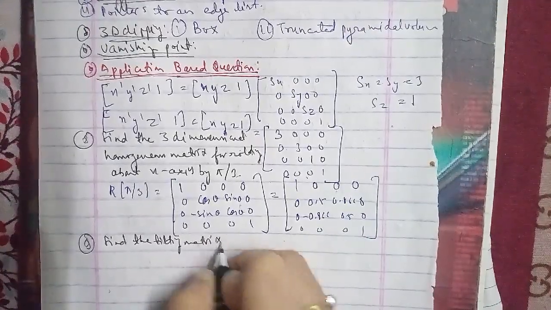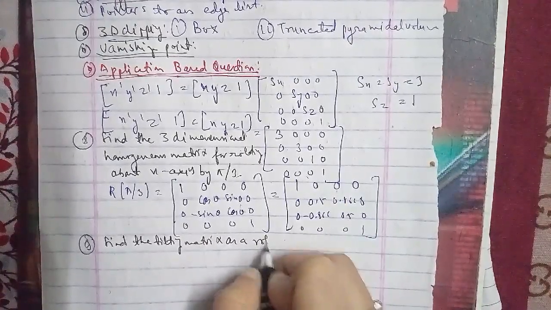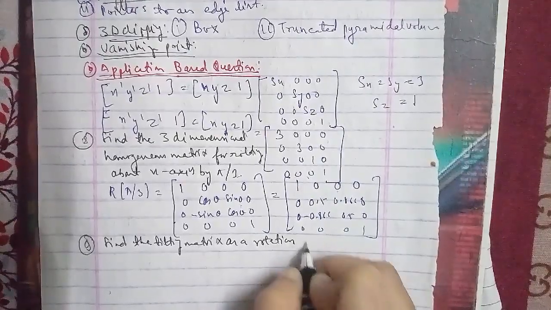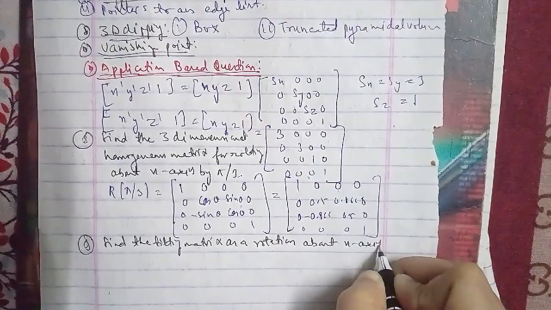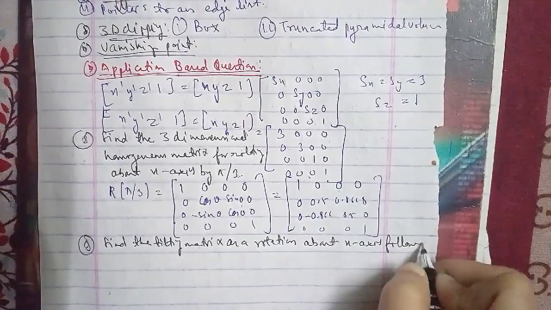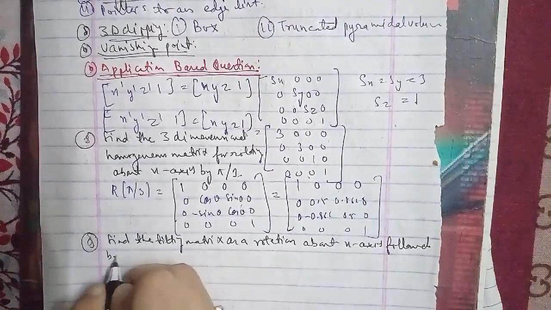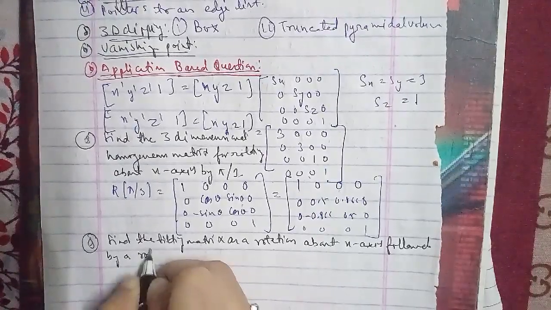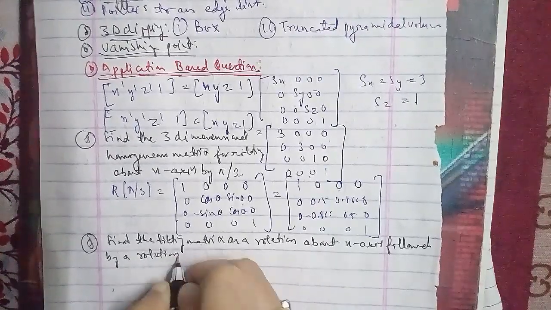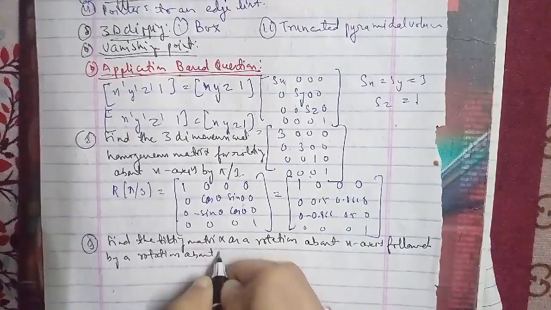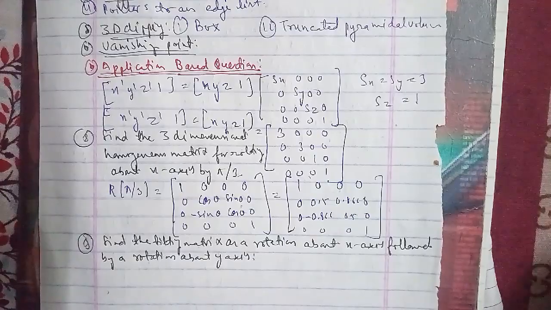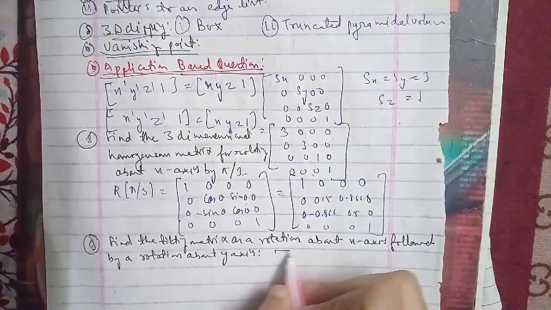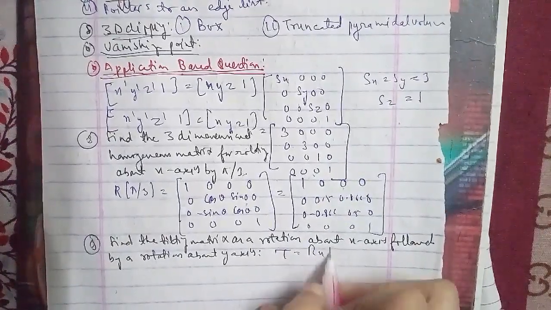Here T equals Rx and Ry, that we know very well. So we'll implement that. The Rx we have is 1 0 0 0, then 0 cos theta x, sin theta x and 0. Then we have 0 minus sin theta x, cos theta x and 0. Then we have 0 0 0 1.